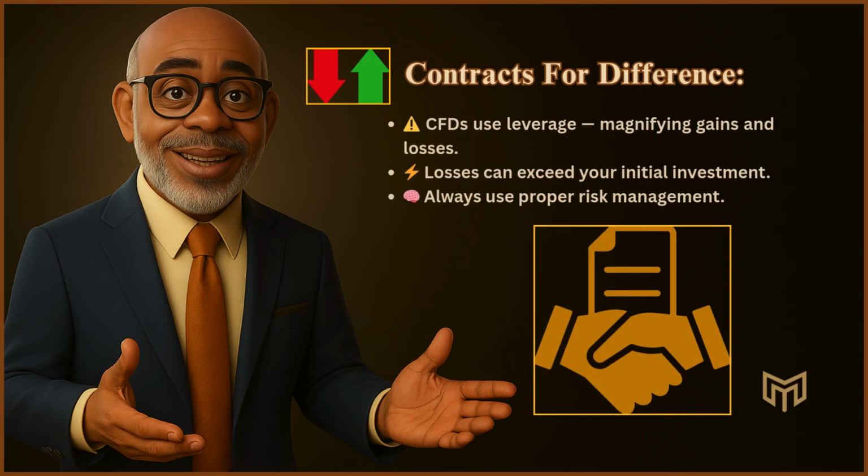There are no guaranteed profits in trading, so always manage your risk carefully. Before we wrap up, remember this: CFDs are powerful tools, but they come with significant risk. Because they use leverage, they can amplify your profits and your losses. In fact, you could lose more than you initially invested. That's why managing your risk isn't optional. It's essential.